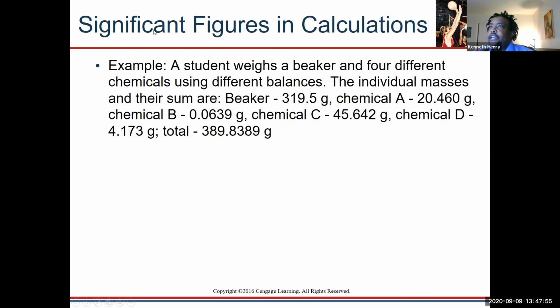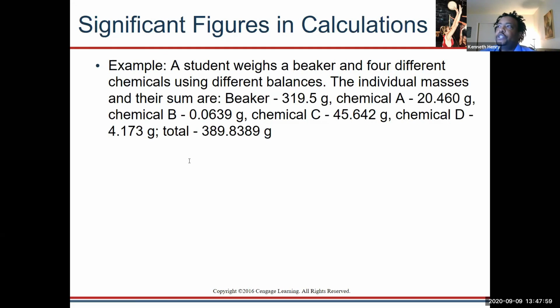Okay, so let's say we have, let me read this. A student weighs a beaker and 4 different chemicals using different balances. The individual masses and their sums are, for the beaker, 319.5 grams.